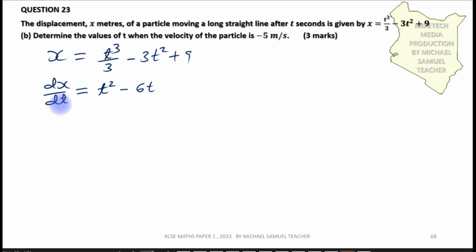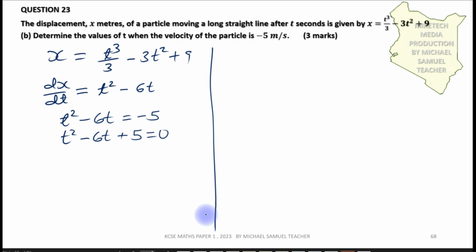This is actually the velocity. So when dx/dt is minus 5, t squared minus 6t is equal to minus 5. So this is the same as t squared minus 6t plus 5 is equal to 0.